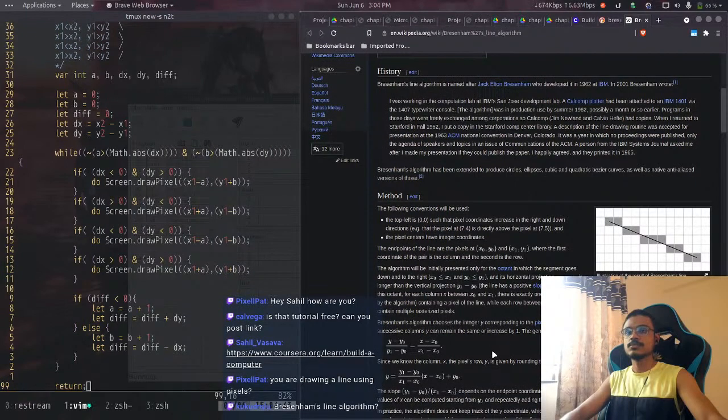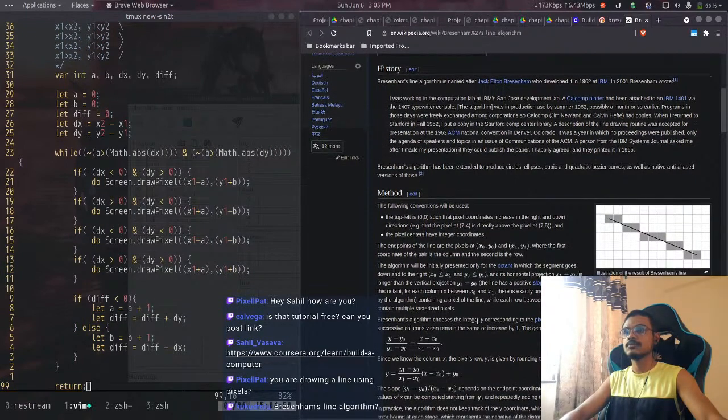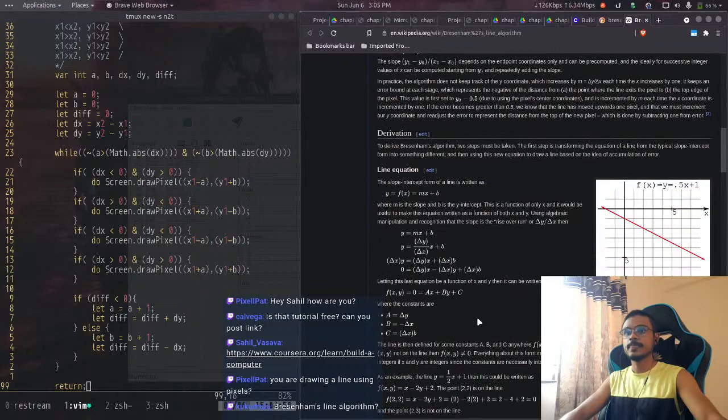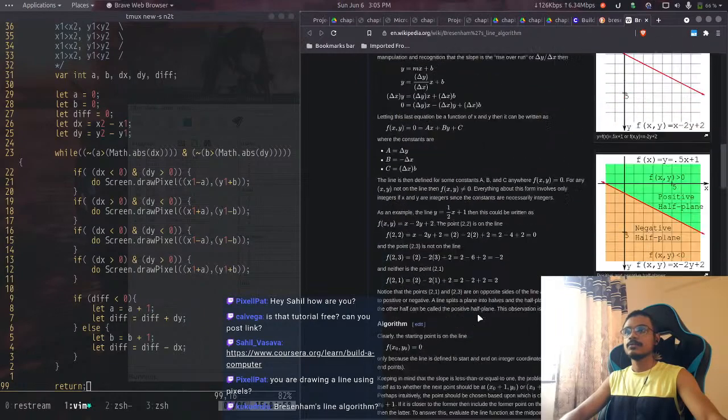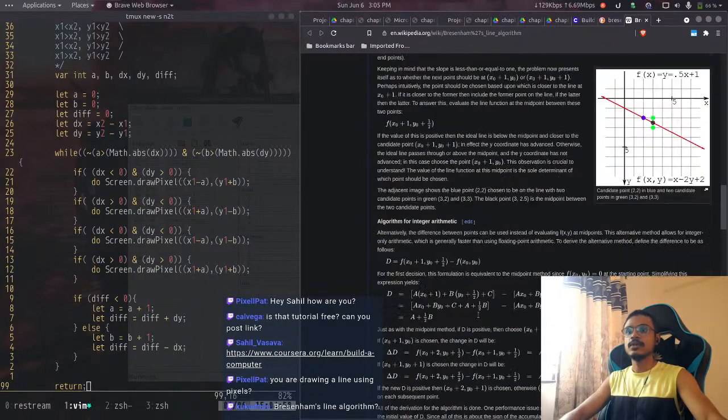Yeah, it looks like this is the one that I'm using. I wouldn't have figured out the name.